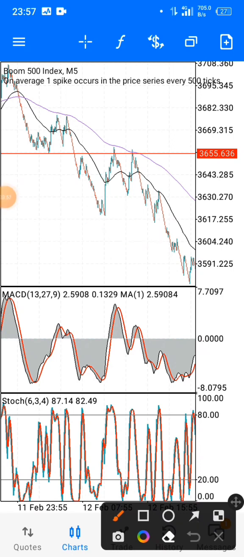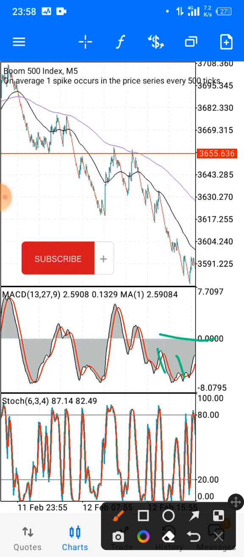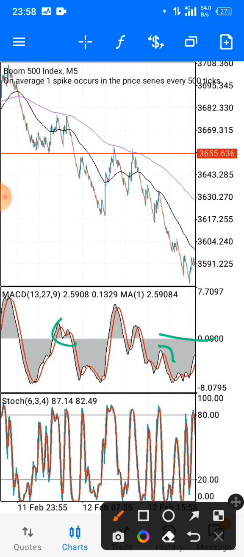Then you have to check our MACD oscillator. If it is below the level 0, if these bars are below the level 0, or if they are slightly above, we can still consider that, like what they are over here. The bars haven't grown that big, so we still consider this as a sell.